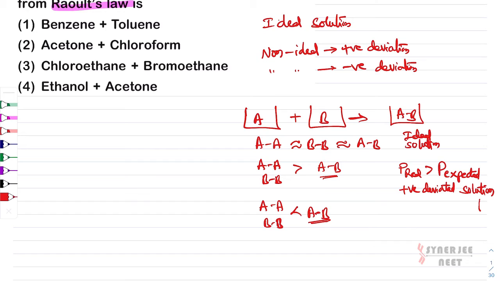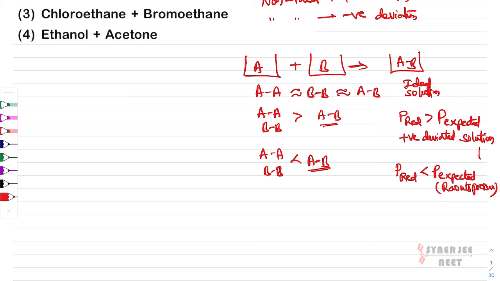Therefore, the real pressure will be less than the expected pressure. Expected pressure means Raoult's pressure. Since the real pressure is less, we call it a negative deviated solution. So like this, there are three kinds of solutions: positive deviated, negative deviated, and ideal.